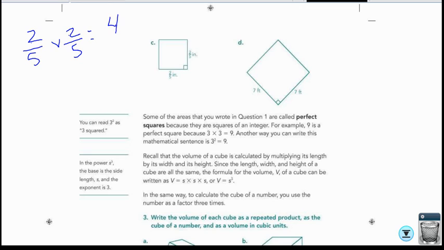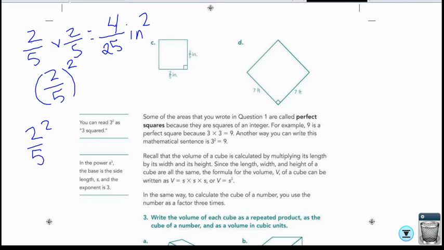Remember, we multiply across. And 5 times 5 is 25 inches squared. One thing to remember, this would be (2/5), and we need to put it in parentheses because we want both numbers to be squared. What would not be right is 2/5 squared, because all that means would be that I'd do 2 times 2, which is 4, but then the 5 would stay the same. And that's not right. Don't do that.